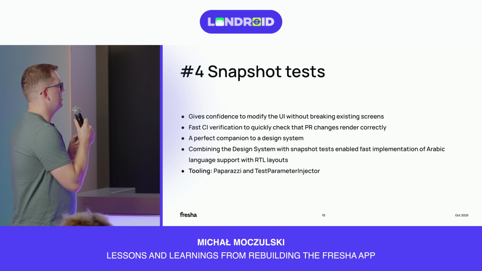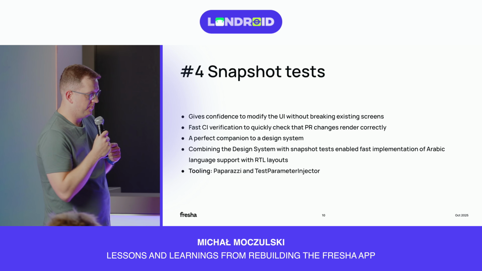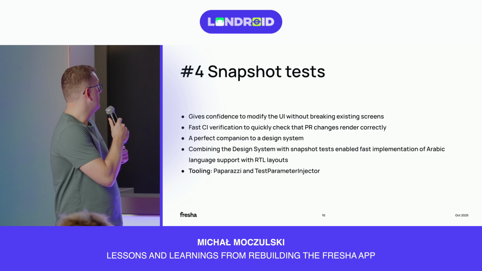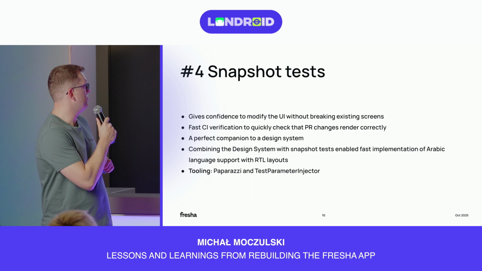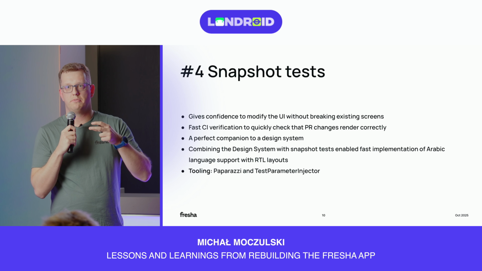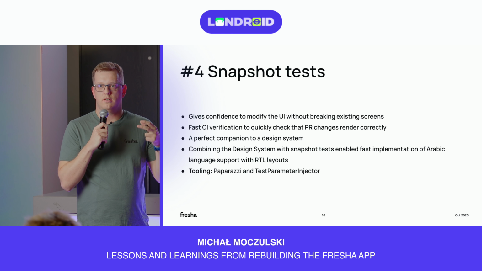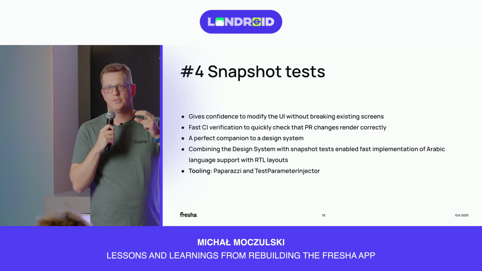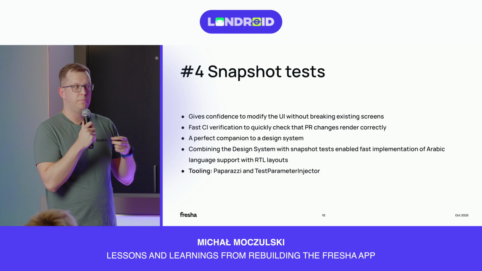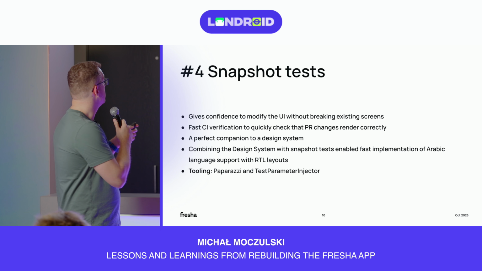So it was a super fast thing to do. In our case, we are using Paparazzi and a small library from Google, TestParameterInjector, and this library allows us to generate multiple variants of the snapshot test. So it's enough to create one snapshot and multiple variants will be automatically generated.